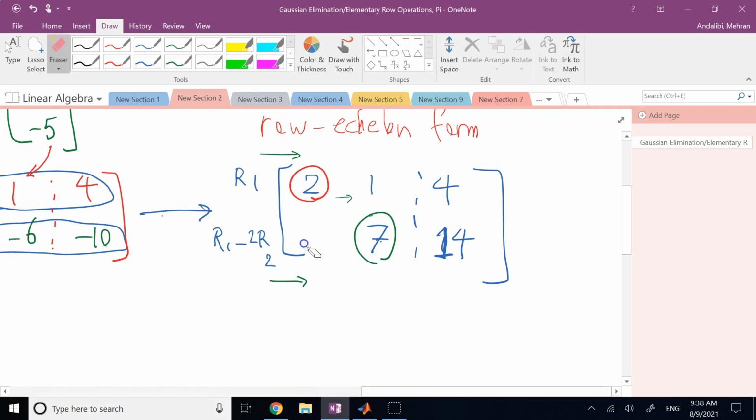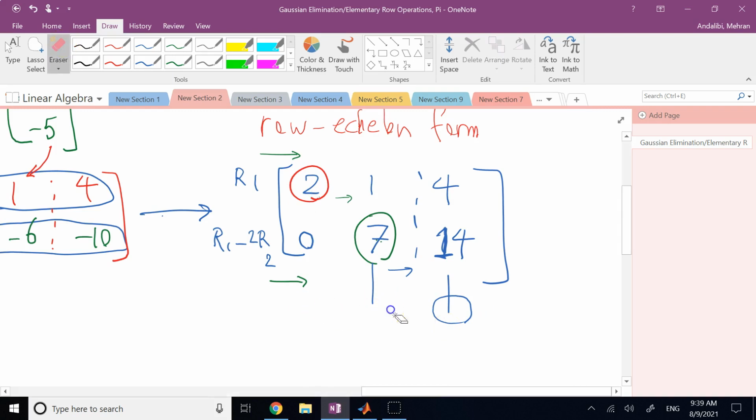So row-echelon form also means, if you look under each column, the non-zero element should be on the top of that column. And if I had a third row, this should be 0, and this should also be 0. And if there was any other non-zero number, it should be to the right side of this 7. So this form is called the row-echelon form.